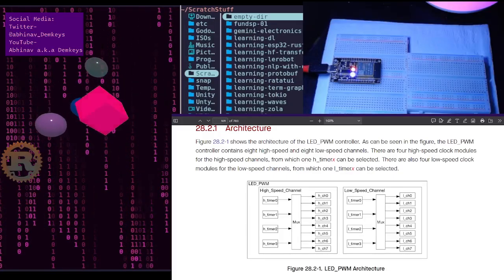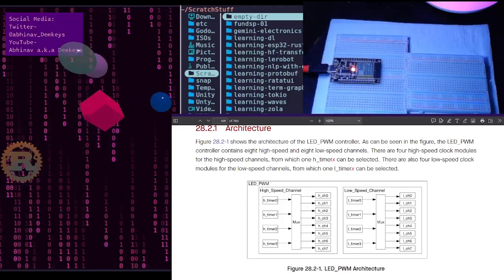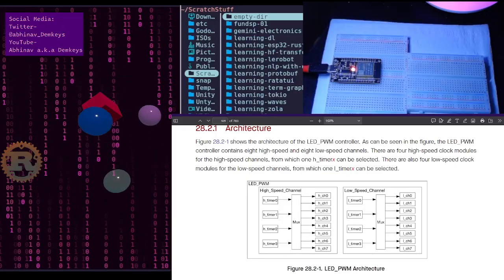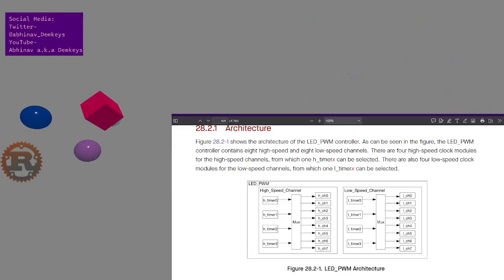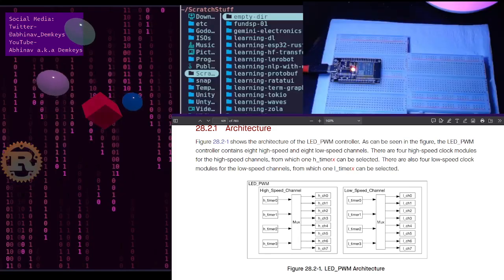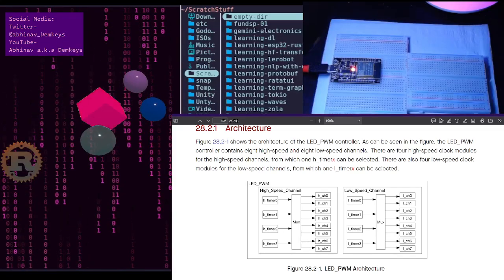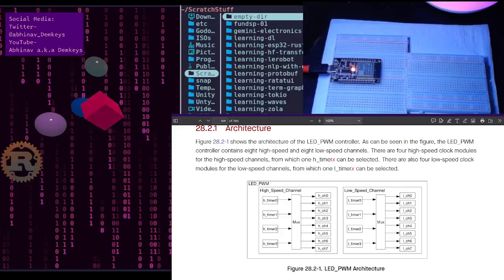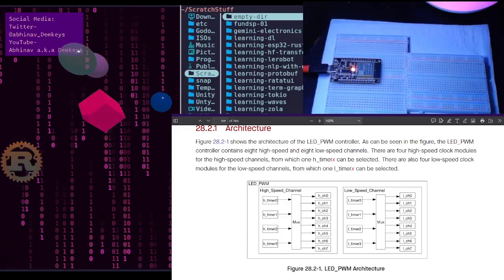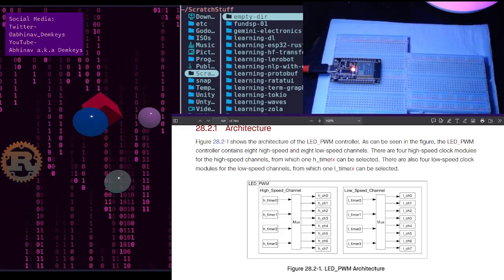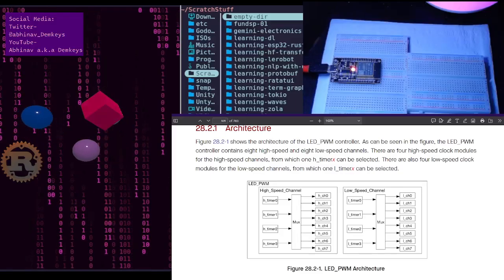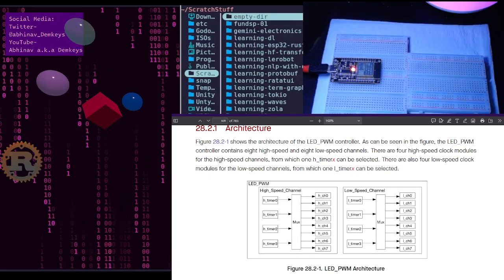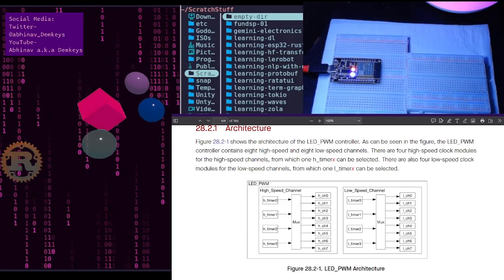Because yeah, we are pulsing it, and the dimming effect only happens because we are creating that illusion by pulsing a lot, right? But then, is the pulse always the same?